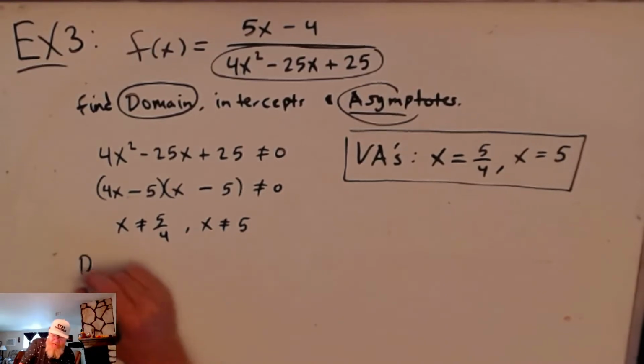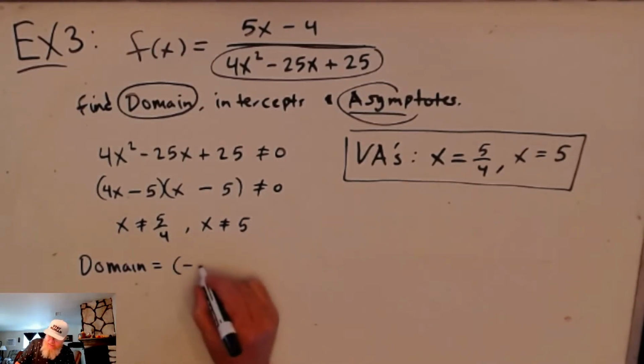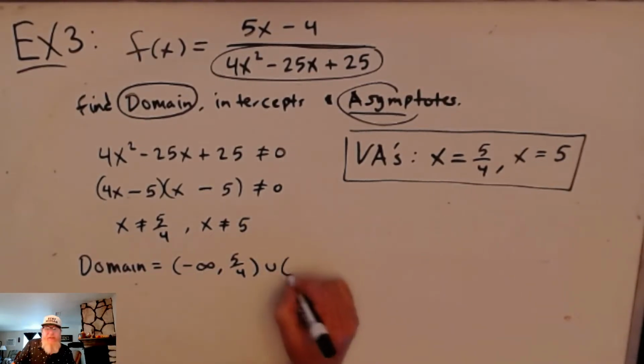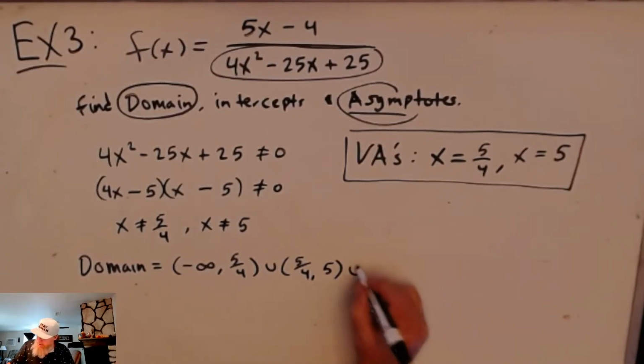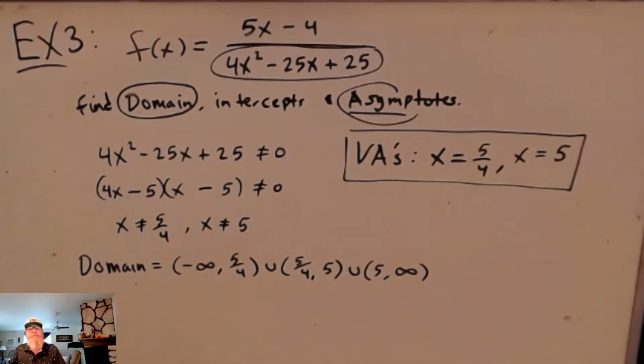I also write domain using interval notation. So negative infinity to 5/4, union 5/4 to 5, union 5 to infinity. That's the standard interval notation for domain.